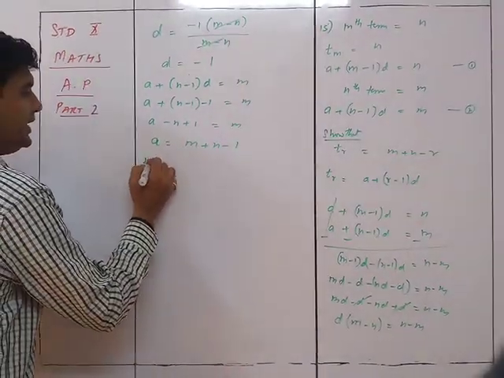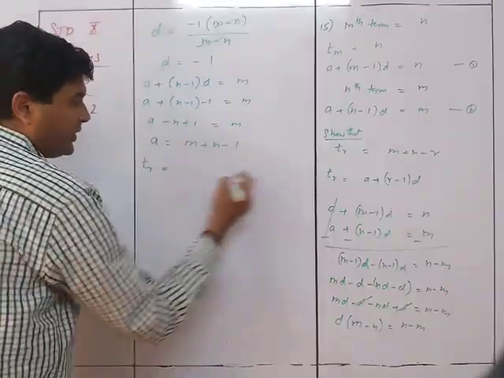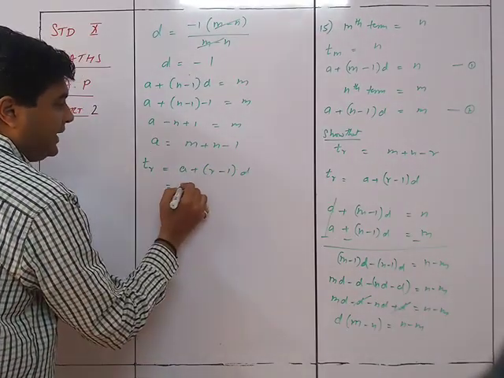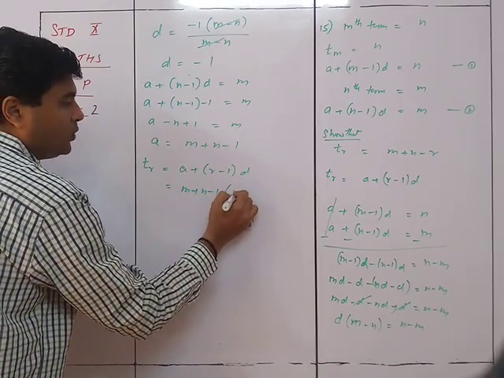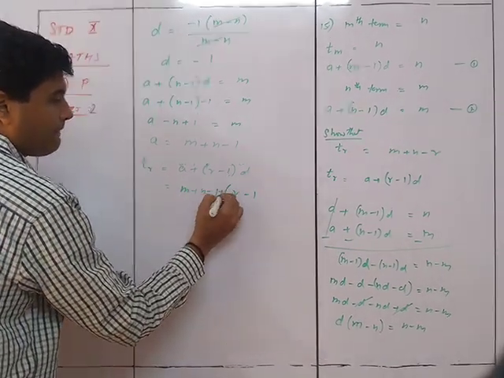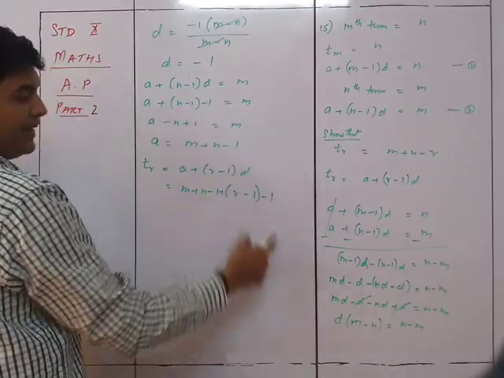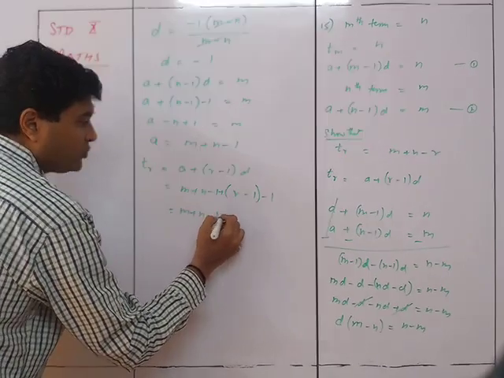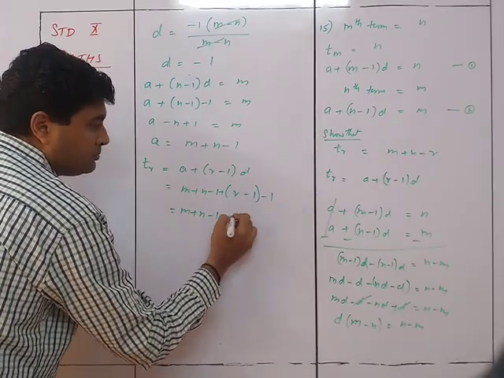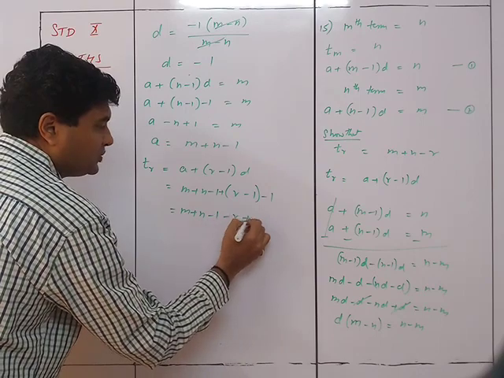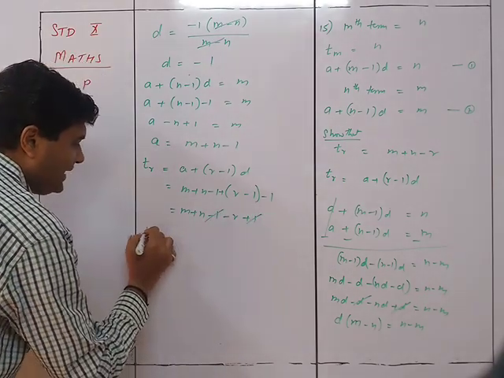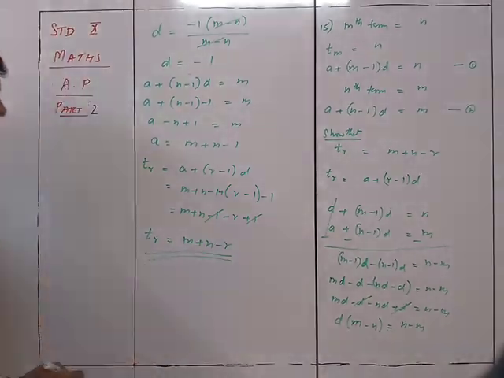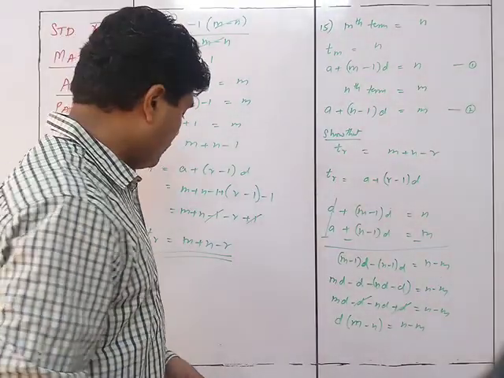Tr is equal to A plus (r minus 1) into d, so it is (m plus n minus 1) plus (r minus 1) into minus 1, that is m plus n minus 1 minus r plus 1. The 1s cancel, so Tr is equal to m plus n minus r. This is the required thing they asked us to prove.